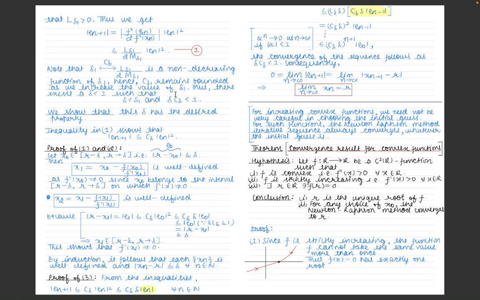So from the inequalities, we get that, you see what was En plus 1, as proved above, it is less than or equal to C delta mod En square. Now En is actually less than delta, so we take one mod En less than or equal to delta and one mod En as it is.